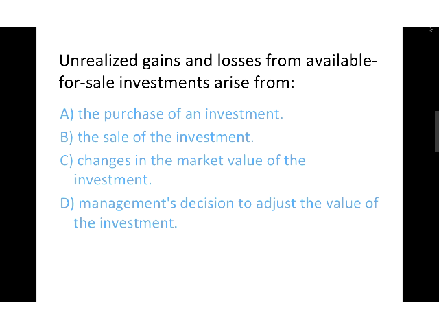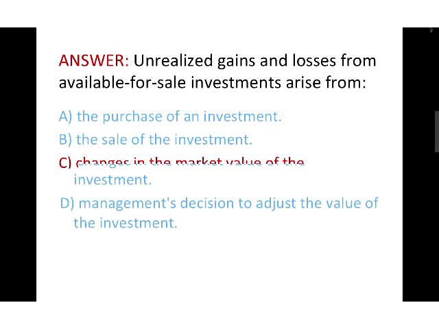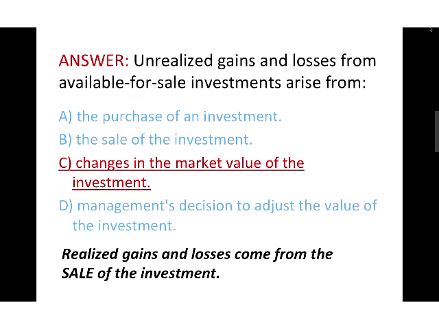Okay, so a bunch of C's, and C is the answer. When we talk about unrealized gains and losses, that word unrealized means we're still holding it. And when we still hold it, we have unrealized gains and losses arising from changes in market value.